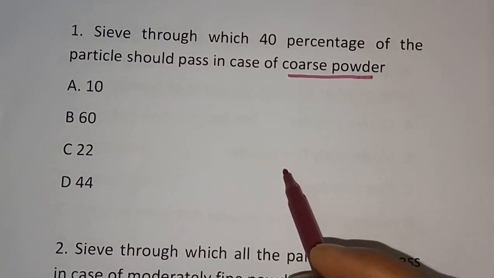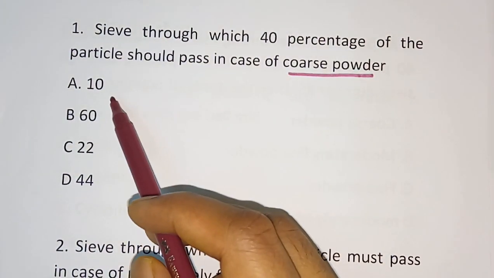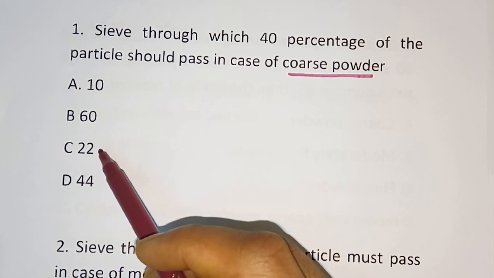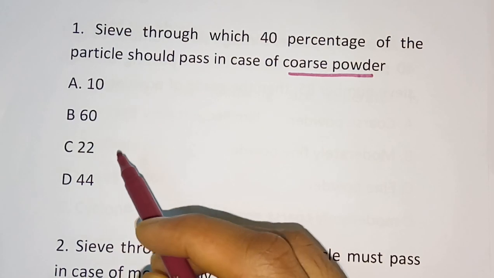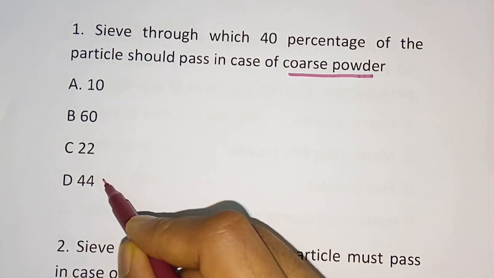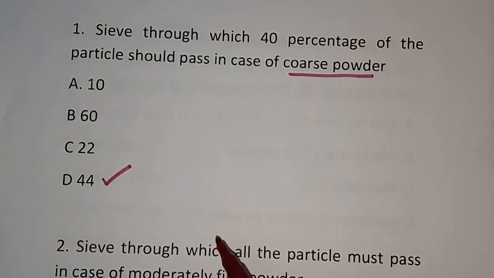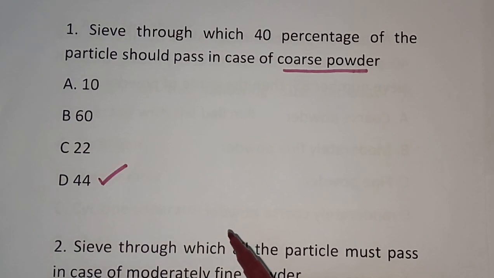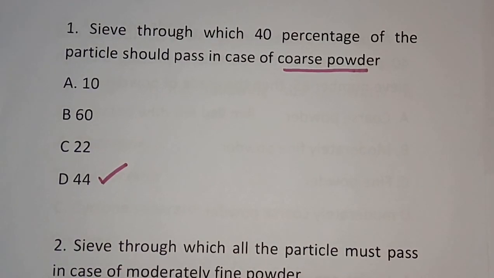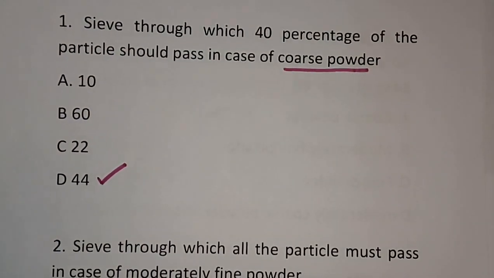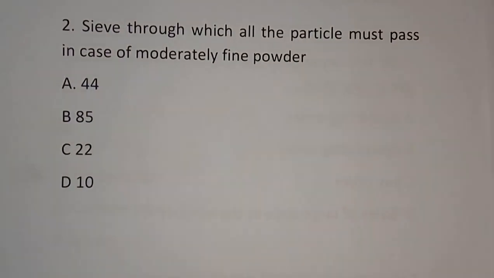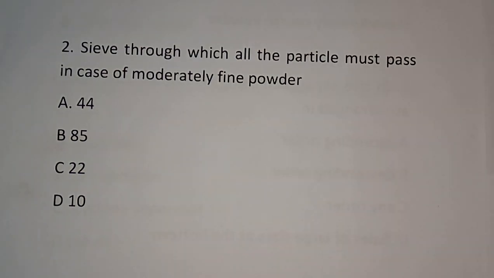So options are 10, 60, 22, 44. The correct answer, I think everyone knows this. Option D, 44. If you don't know, I will give some details regarding the coarse powder and fine powder after the second question. We will see the second question first of all.